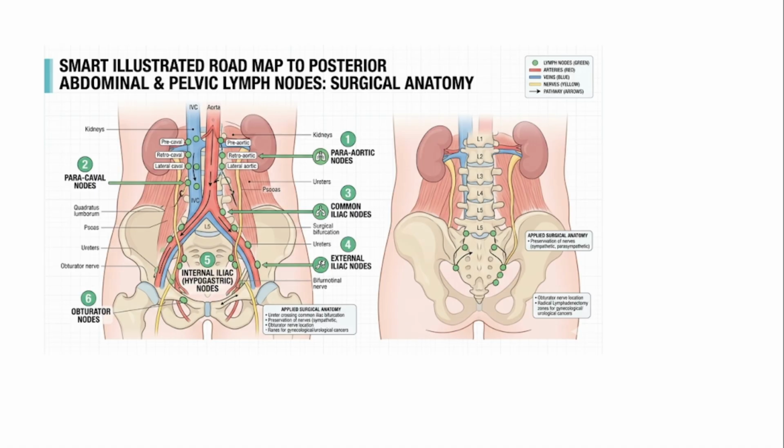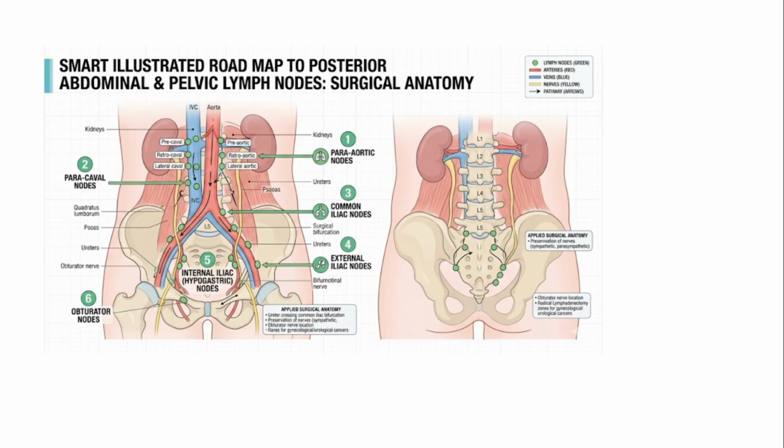Our applied anatomy here is the preservation of the sympathetic and parasympathetic nerves to avoid dysfunction of the urinary bladder and rectum. Our sixth group is the obturator nodes, and it is also very important to preserve the obturator nerve on this side.